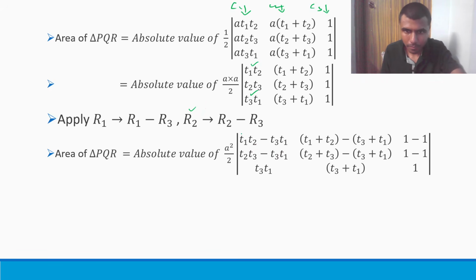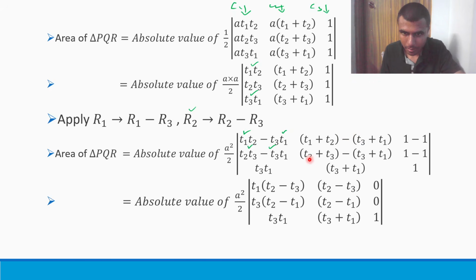If you see these two terms, I can take T1 common. In these two terms, I can take T3 common. Now T1 plus T2 minus (T3 plus T1), that means minus T3 minus T1, so T1 and T1 cancel. I'm left with T2 minus T3.